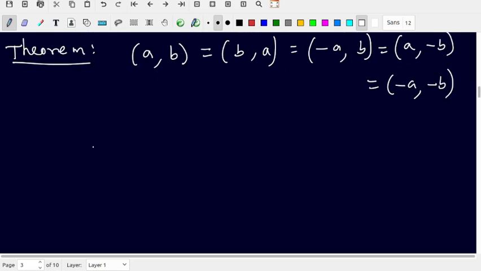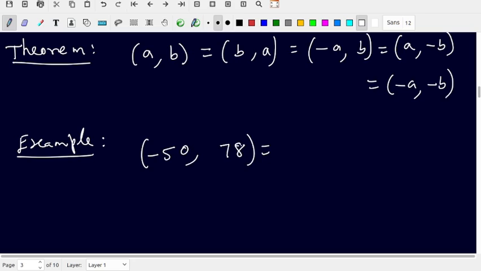So this theorem says that suppose we are asked to find the GCD of minus 150 and 78. It is enough to find the GCD of 150 comma 78. While calculating the GCD, negative numbers can be replaced by positive numbers; the GCD never changes.